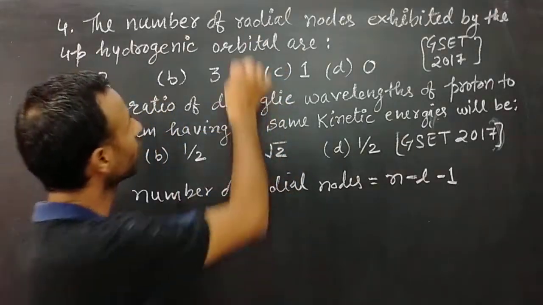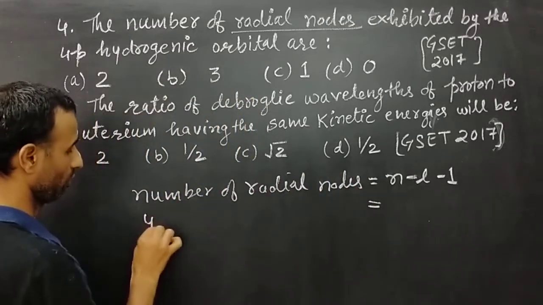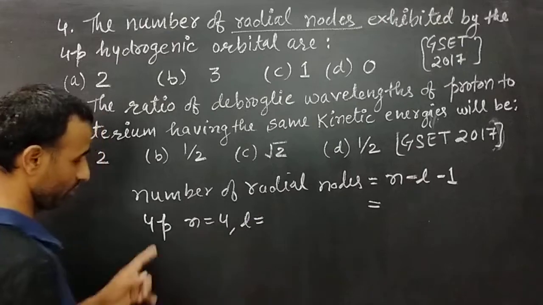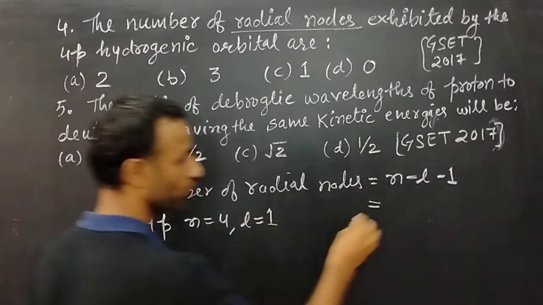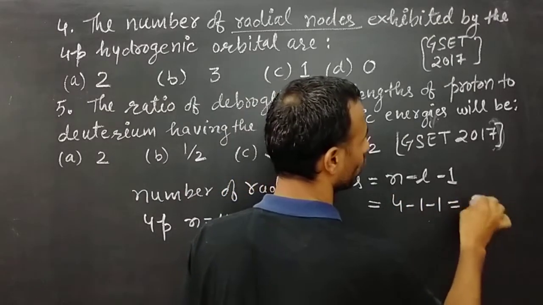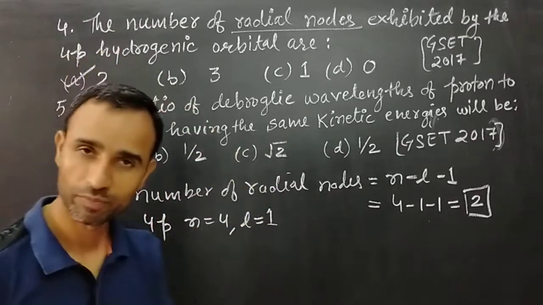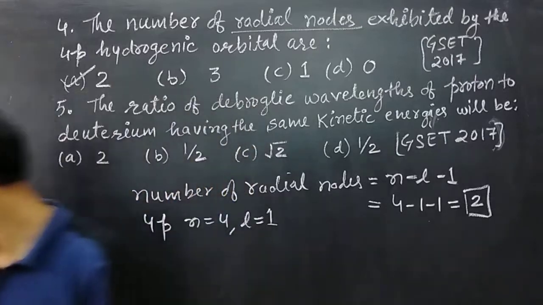But here we have to calculate radial nodes only. So what is n for 4p? n is 4, and what is l? p means l is 1, right? So it is 4 minus 1 minus 1, which comes out to be 2. So number of radial nodes are 2. This is question from GSET 2017. Very easy question. Next question.